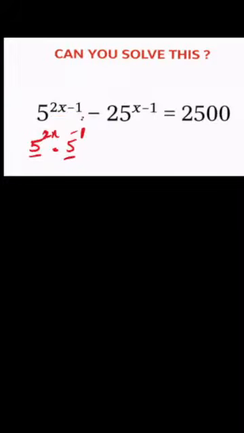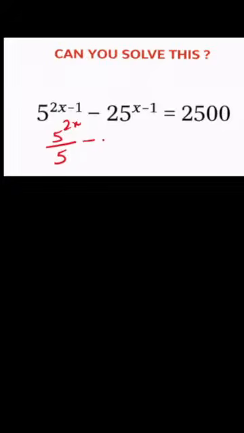So if I write it like this, this 5 raised to power minus 1 can be written as 1 upon 5, because the power is negative 1, so I can take that into the denominator.